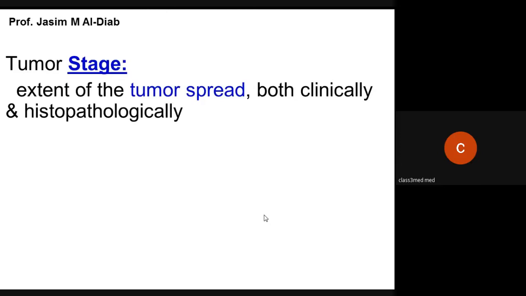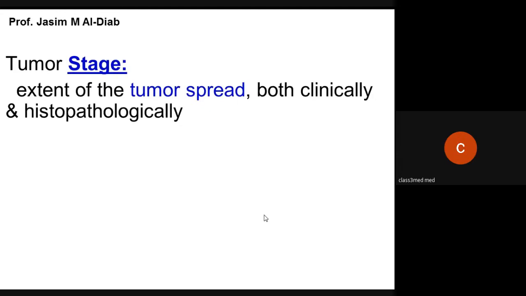Clinically, by the clinical examination, by the physician, by the radiologist. Okay? For example, carcinoma of the breast, and we want to know whether it has reached the liver or another place, whether it gives rise to metastasis to the liver or not. So by simple ultrasonic examination of the liver, the radiologist can detect.